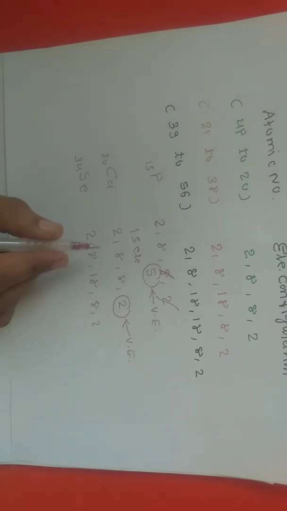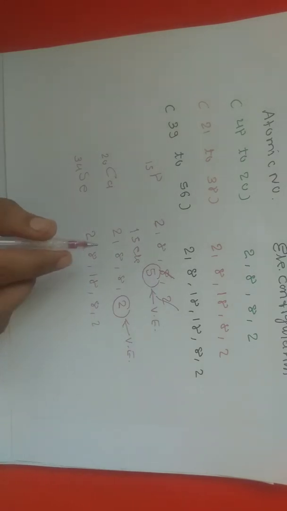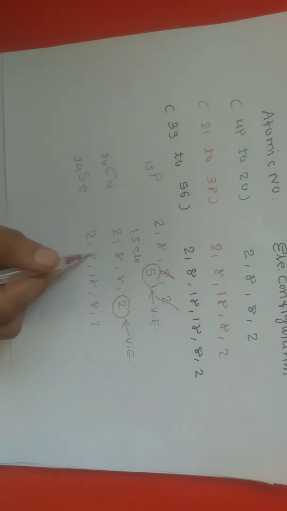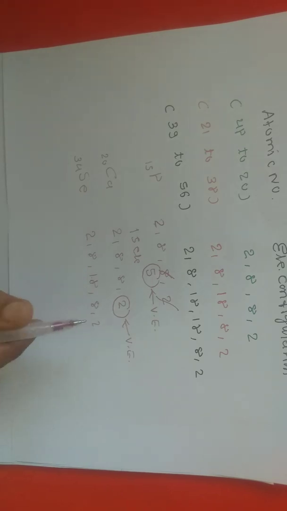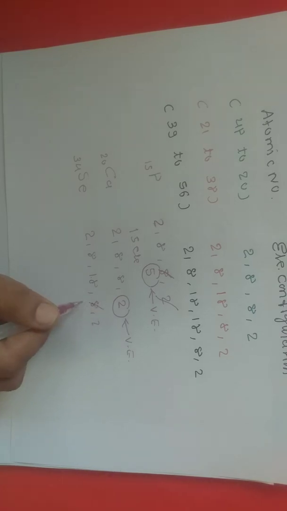So in order to maintain 34 electrons in this standard electronic configuration, I calculate 2 plus 8, 10, plus 18, 28, plus 6, 34. So instead of 8, I must have 6 here, and I don't need this 2.